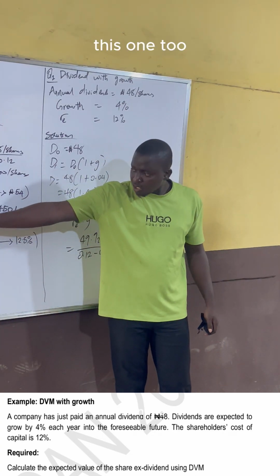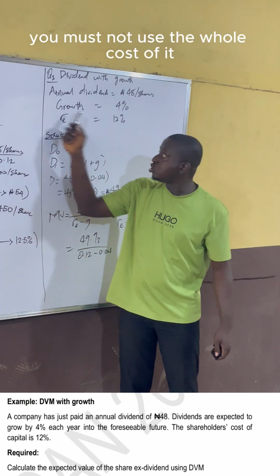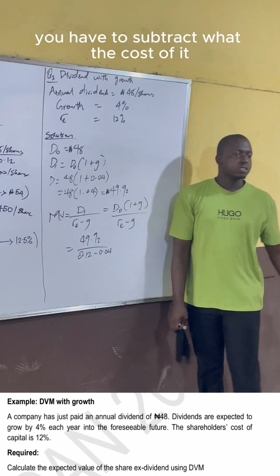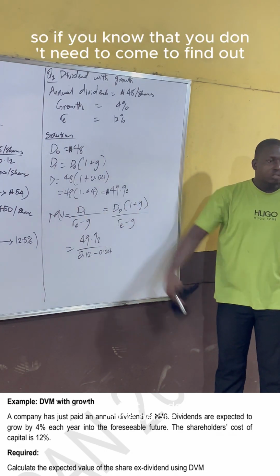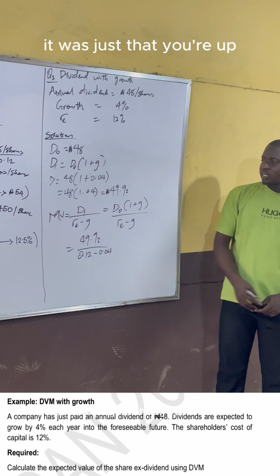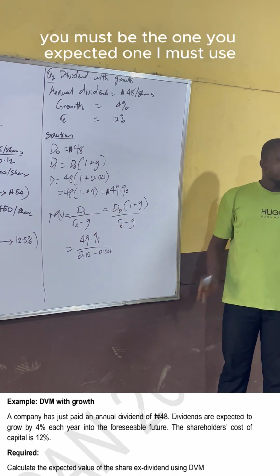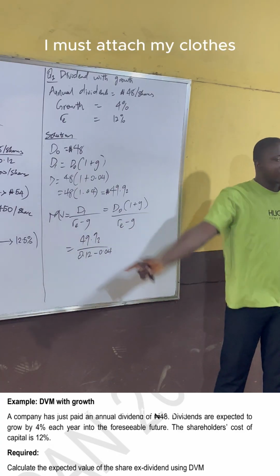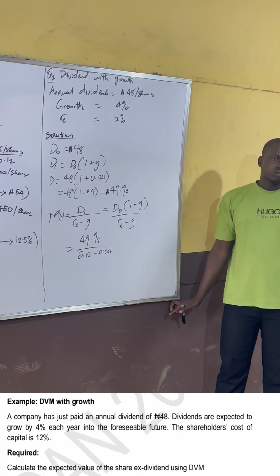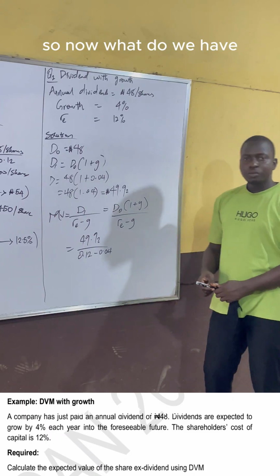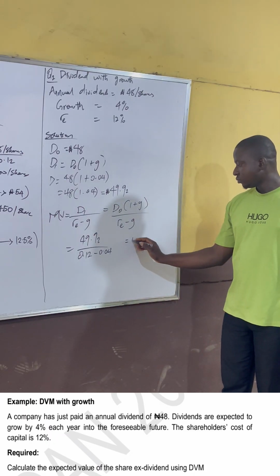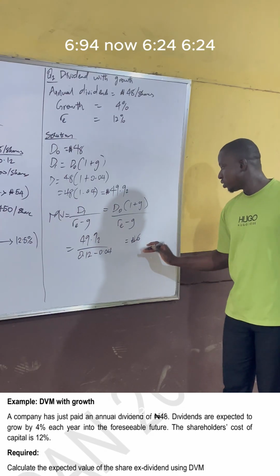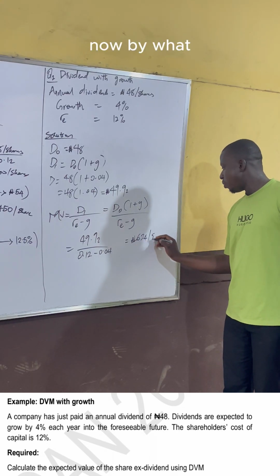That's the D1. This one too: you must not use the whole cost of equity. You have to subtract the growth from it. So if you know that, you don't need to memorize the formula. I must get my D1, the expected one I must use, and for my cost of equity, I must subtract my growth. So now, what do we have? 694 naira, 624 naira per share.